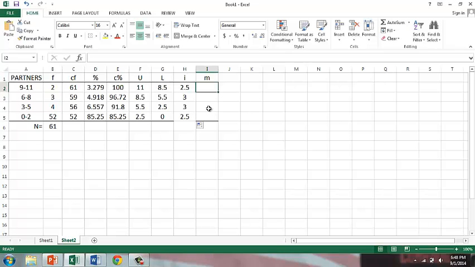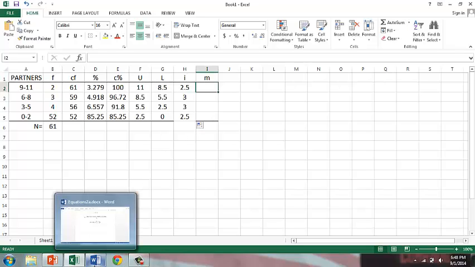Another characteristic of grouped frequency distributions is the midpoint, which, as you might imagine, is the point in the exact center of an interval.